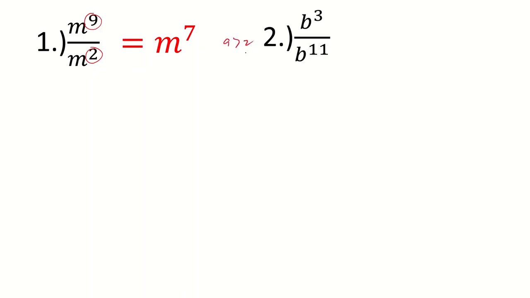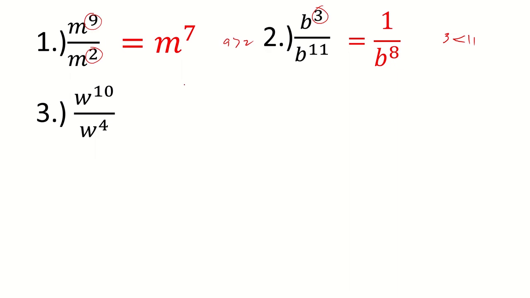Okay, let's have case number 2. b cubed divided by b to the power of 11. Okay, that's correct. The answer is 1 over b to the power of 8, because we cannot just say b to the power of 8, because this time 3, the exponent in the numerator, is less than 11.